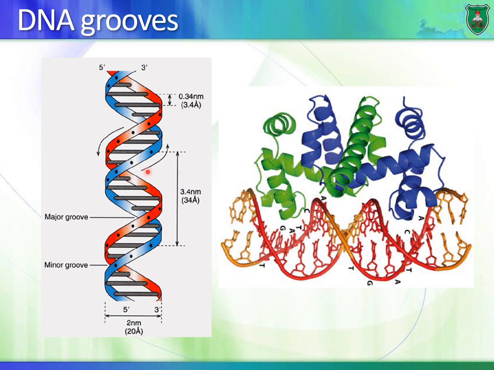Now, this pattern is really important because this is how preferentially proteins interact with DNA. So you have this protein molecule right here. You can see that part of the protein fits into the major groove, whereas the minor groove is really too small for the protein to put itself inside it. Okay, same thing right here in the major groove. So this is how proteins can interact with DNA.